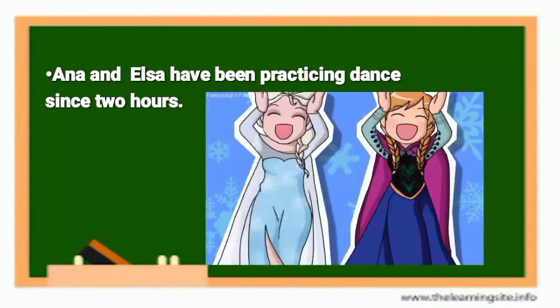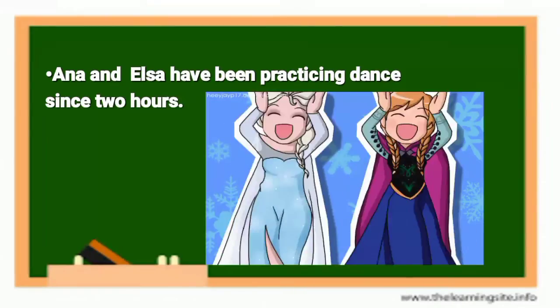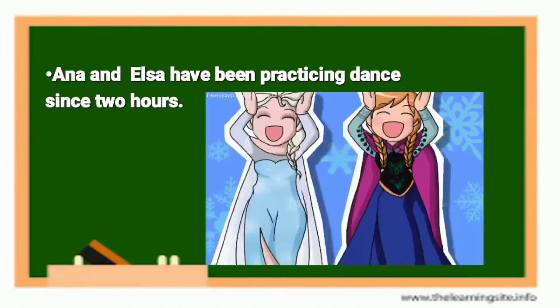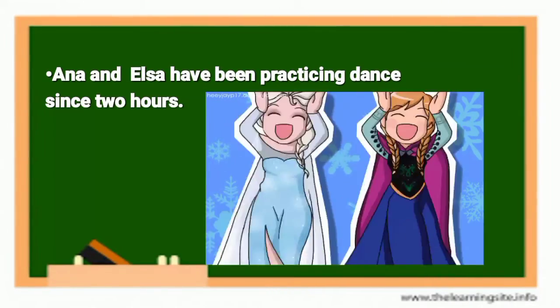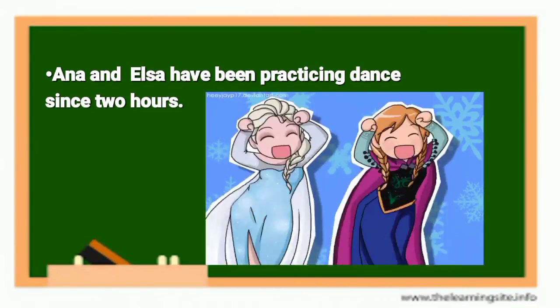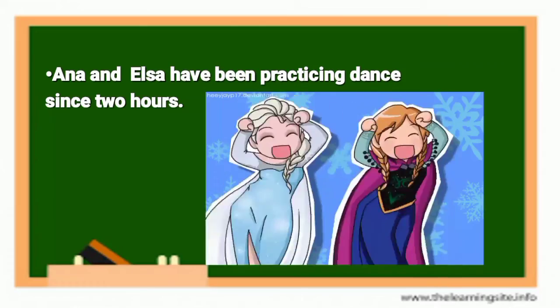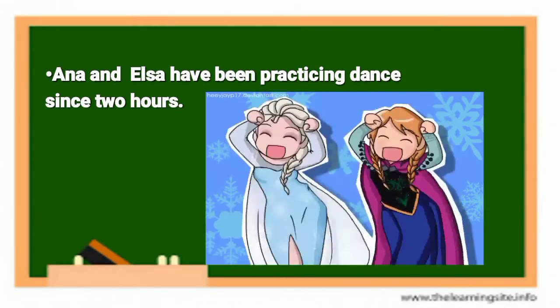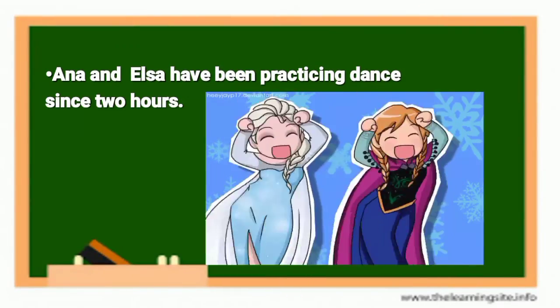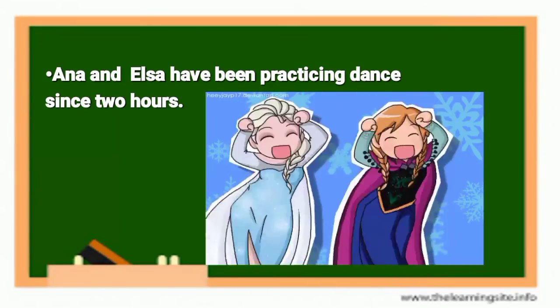Because our subject is plural. We use has been if our subject is singular. So for us not to be confused, once our subject is plural, dapat ang kasunod is plural pod. If our subject is singular, dapat ang kasunod pod is singular.